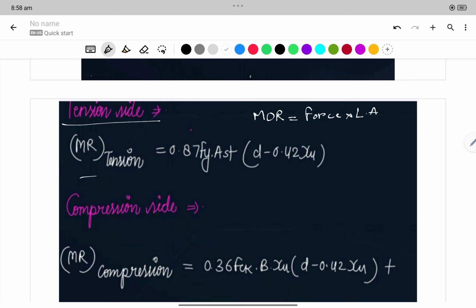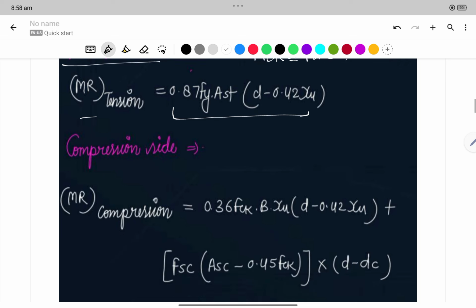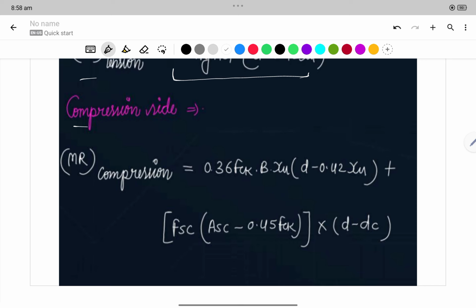This part will be the same, as there is no change in the tension zone: 0.87 Fy AST into D minus 0.42 XU. But in the compression side there will be a change, because we have entered rebar there. So 0.36 FCK B XU into D minus 0.42 XU was the same.